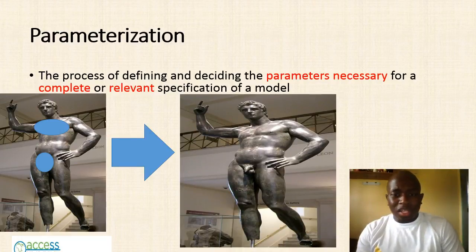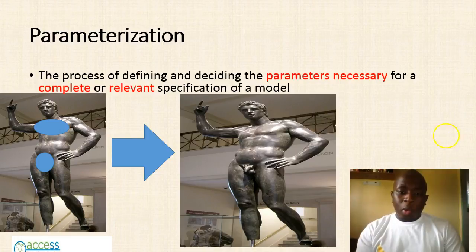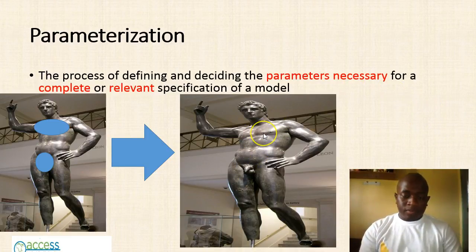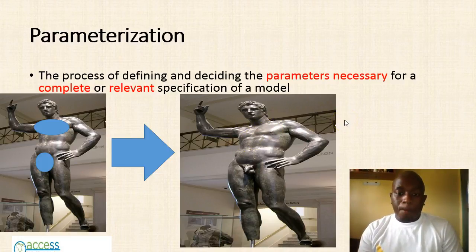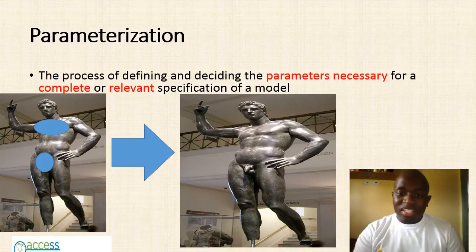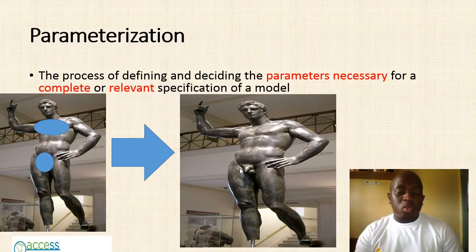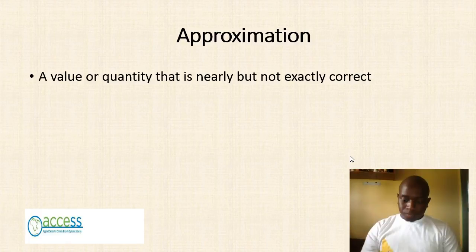Now, if you look at the bigger picture here, we have the private part here, and we have the chest. From the look of the private part, you can tell that this is a male, and looking at the chest, you can tell this is a female. There are no breasts, and these are parameters which are necessary for us to make a complete or relevant specification.